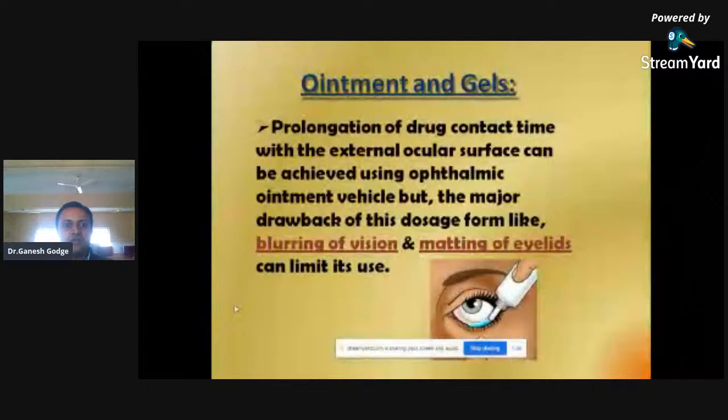That problem we have overcome in case of ointments and gels, where we have increased contact time. But another concern is blurring of vision and matted eyelids. That is the reason ointments and gels also have limited application.